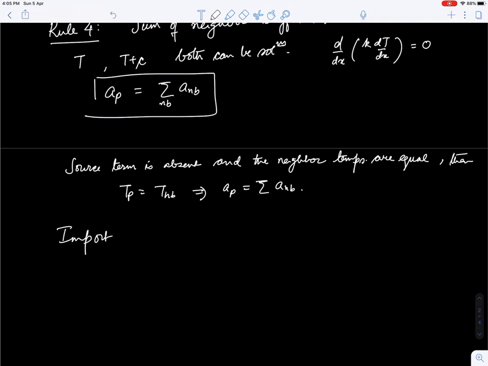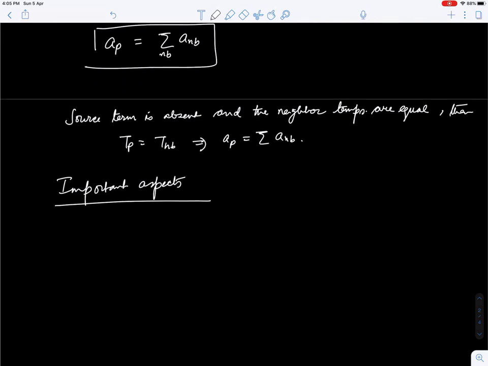Now there are a few important aspects about this which I should emphasize. One of the important aspects that I have not spoken about in detail, but we will see in more detail as we go along, is that it is not necessary that delta xw should be equal to delta xe. If it's equal, then we are leading to a uniform grid.